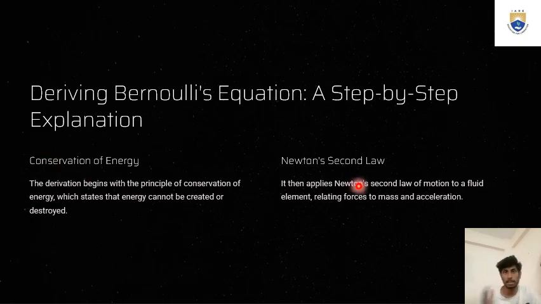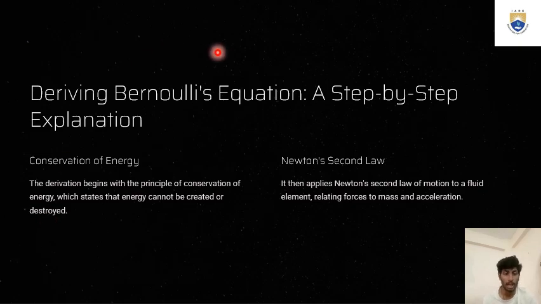As we talked about, in streamlined flow the total energy is constant and doesn't change. The derivation begins with the principle of conservation of energy, which states that energy cannot be created nor destroyed; it can only change between forms. So the pressure energy, potential energy, and kinetic energy can be converted into other forms.